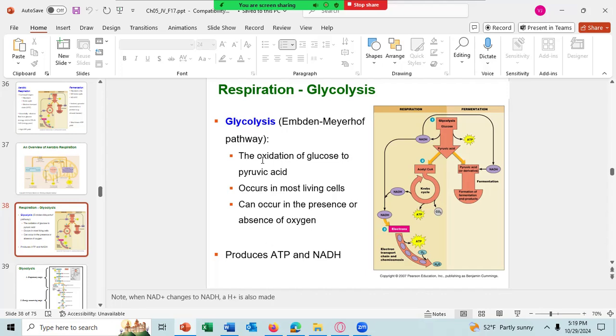And in glycolysis, you convert NAD plus to NADH. And NADH acts as a carrier of electrons. We talked about electron carriers in our last lesson. And here we're talking about NADH. Any question about any of that?